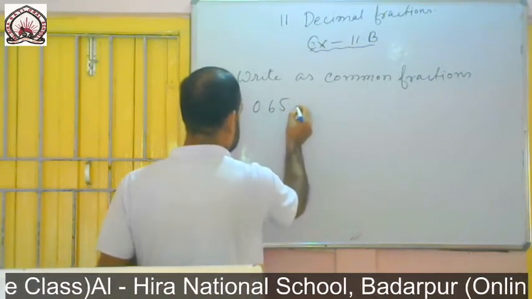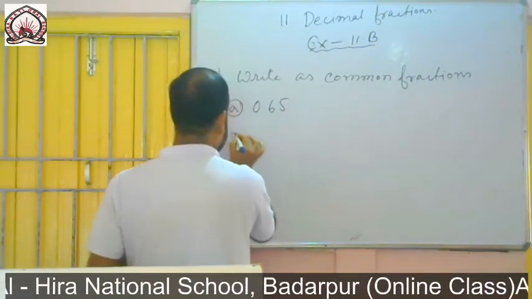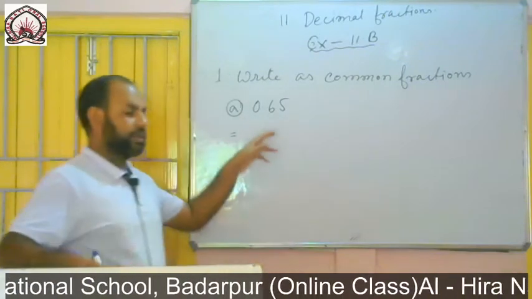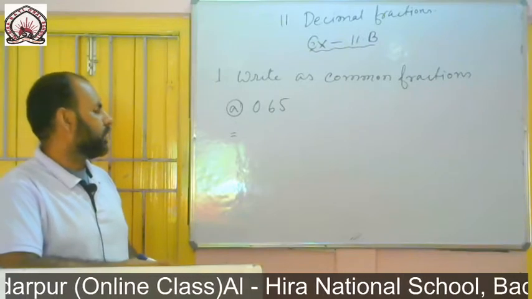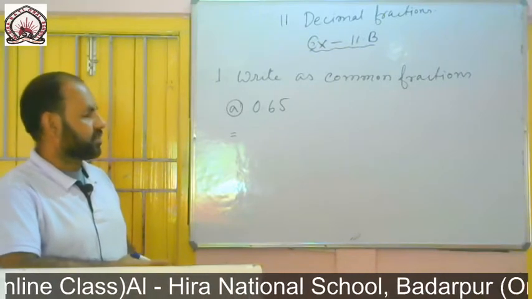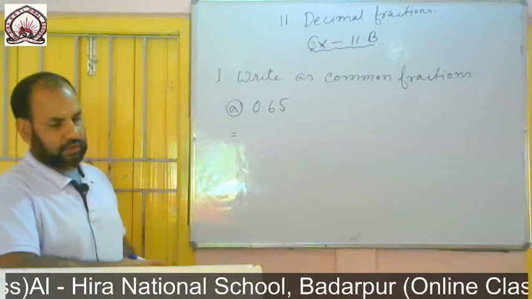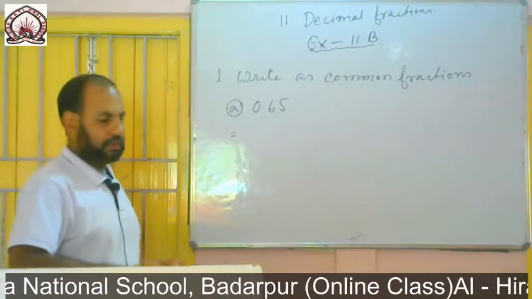0.65. So we write, this one is a decimal fraction, 0.65. We write it as a common fraction.